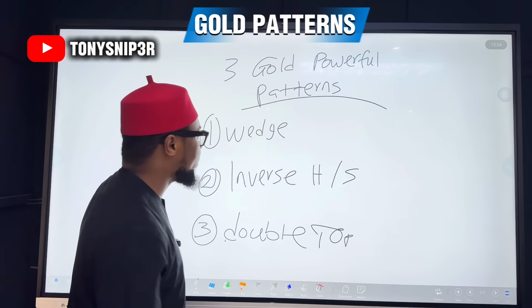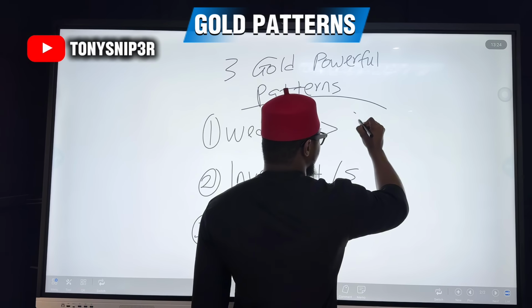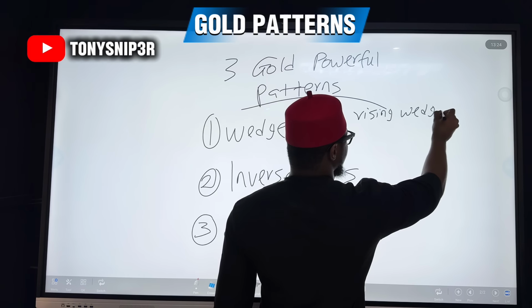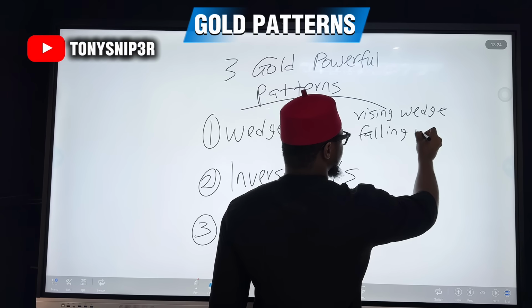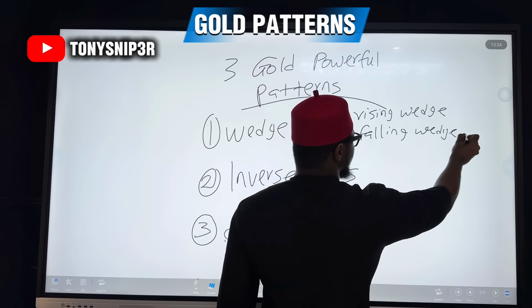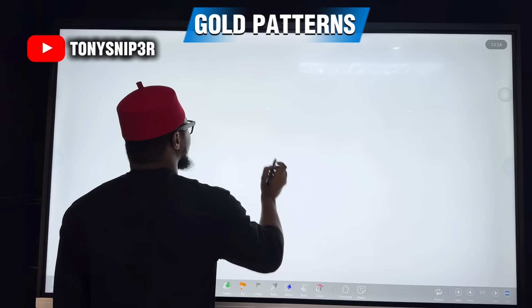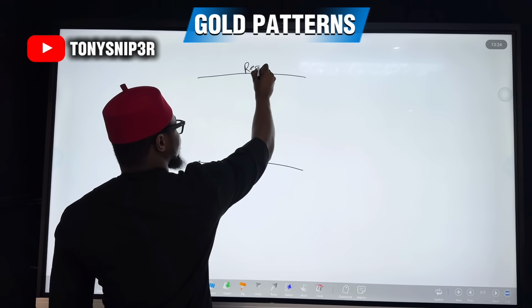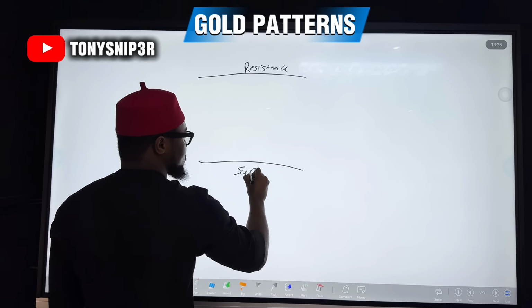Now, I know most of you know that when I talk about wedge, there are 2 types of wedge: the rising wedge and the falling wedge. Now let's dive deep into that. Take for example, this is the resistance of your chart, and this is the support.